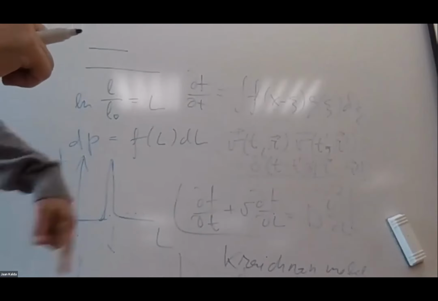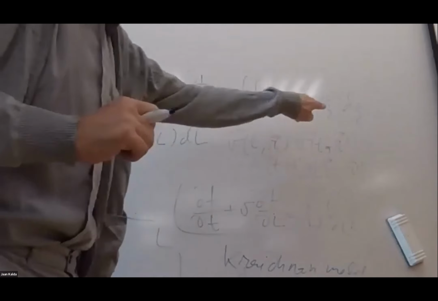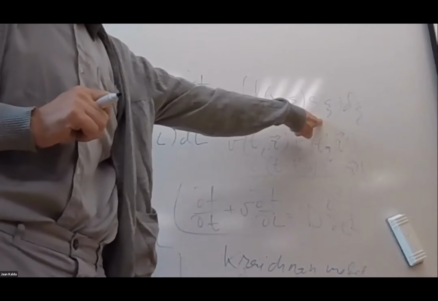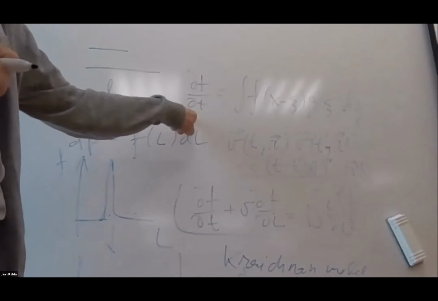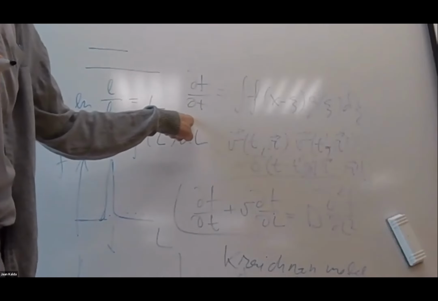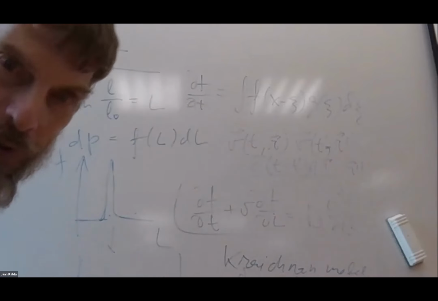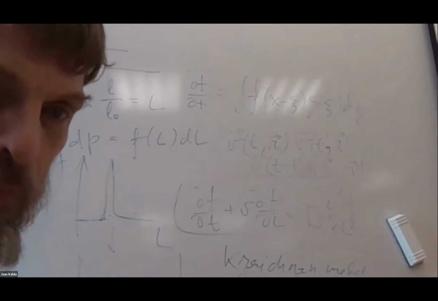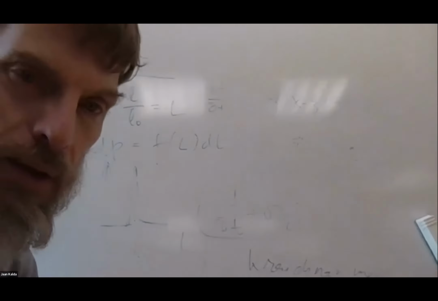So we have a convolution of f with g. Now, how to solve this equation? No one taught you, right? In mathematics, have you met an equation like that?